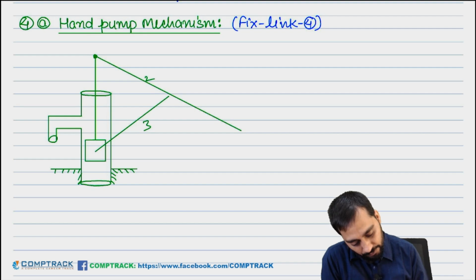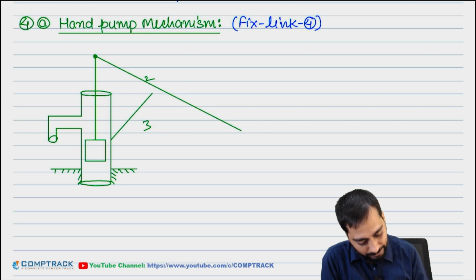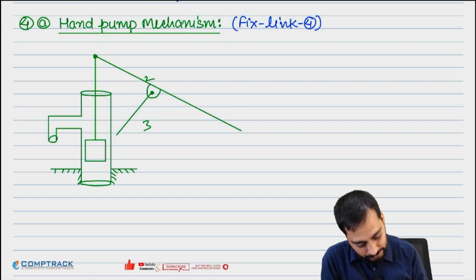Here this fourth one will be fixed, and with the modification in 3, it will be connected here like this. This is the extended part of 2, this is the extended part of 4.